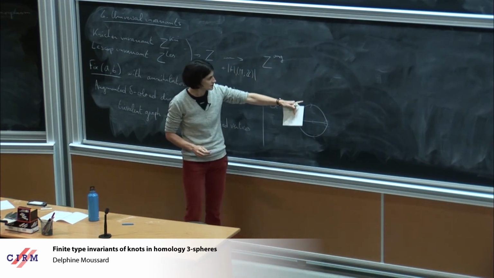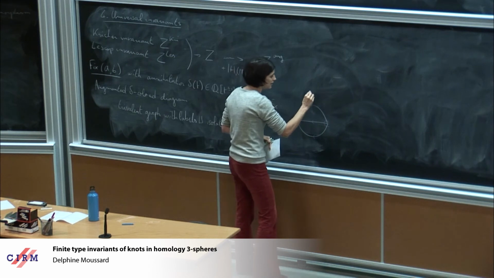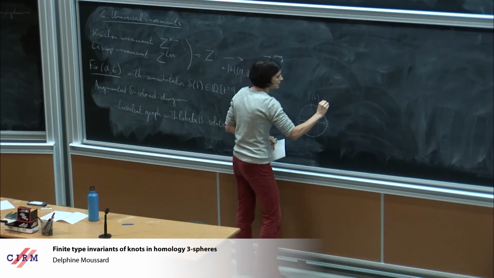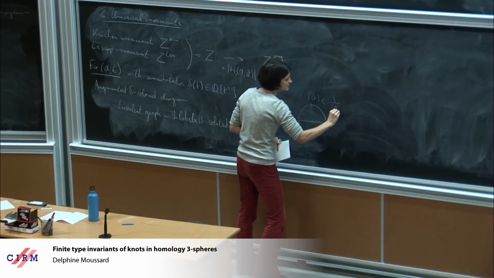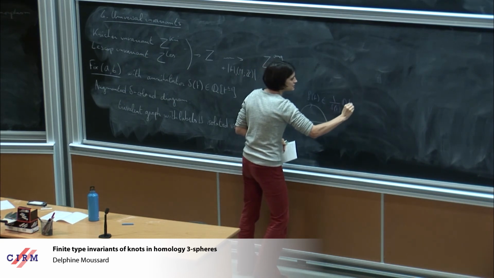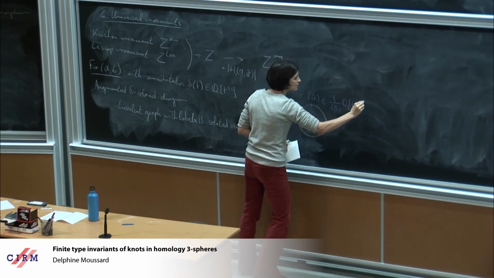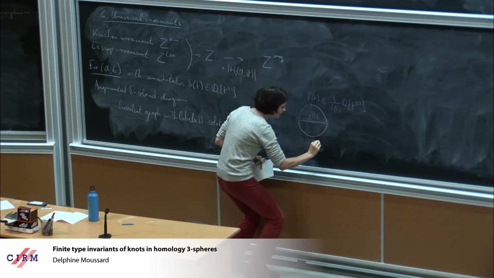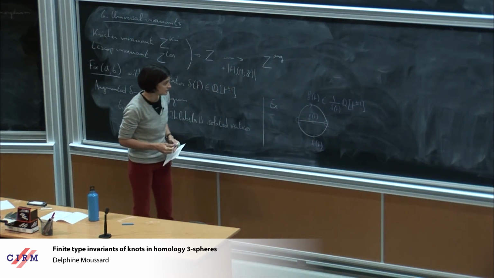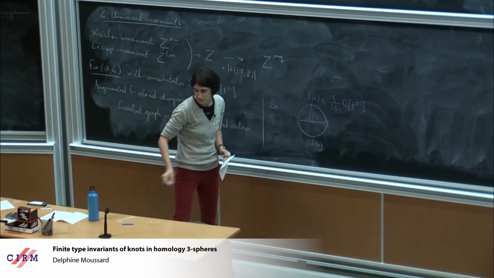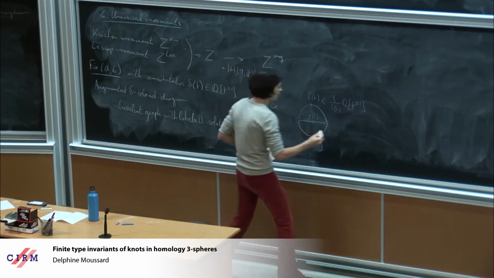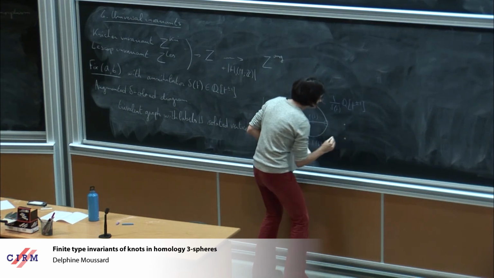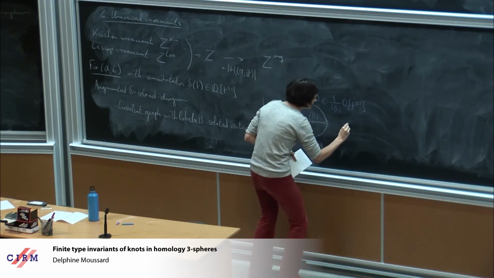But now the edges are labeled by rational fractions living in 1 over delta of t, Q[t, t inverse]. So here we have three such rational fractions, and we still have the isolated vertices labeled by some prime integers.